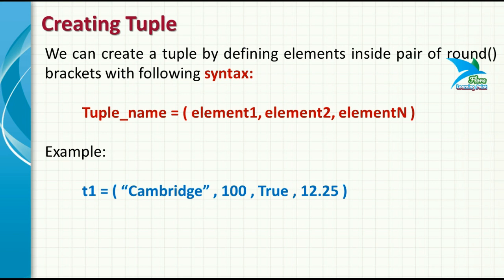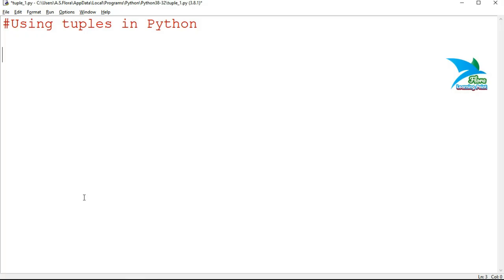These are the elements. So let's start with the demonstration of how we can make a tuple. First of all, we have to assign a name: tp is equal to the elements. I'll assign hello. Hello is the first element, stored on 0 index position, and next I'll assign 123, which is an integer element.